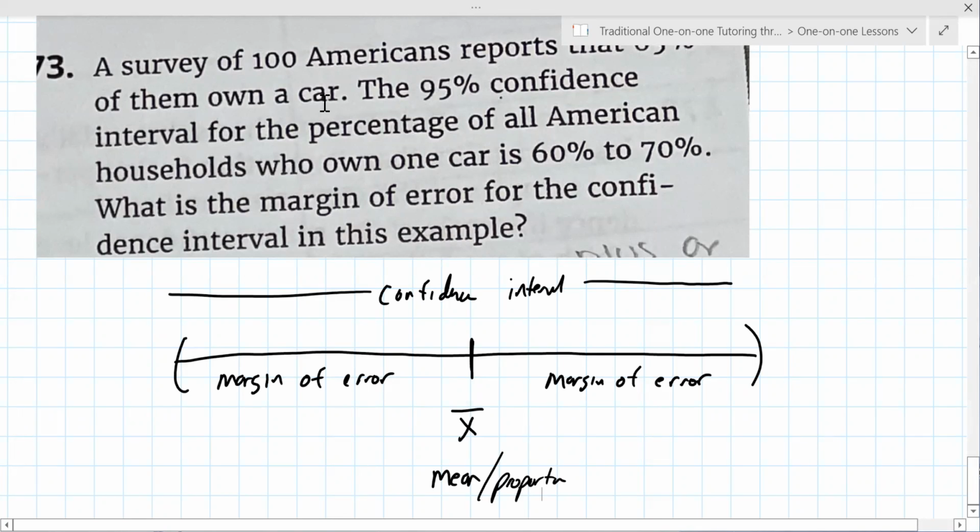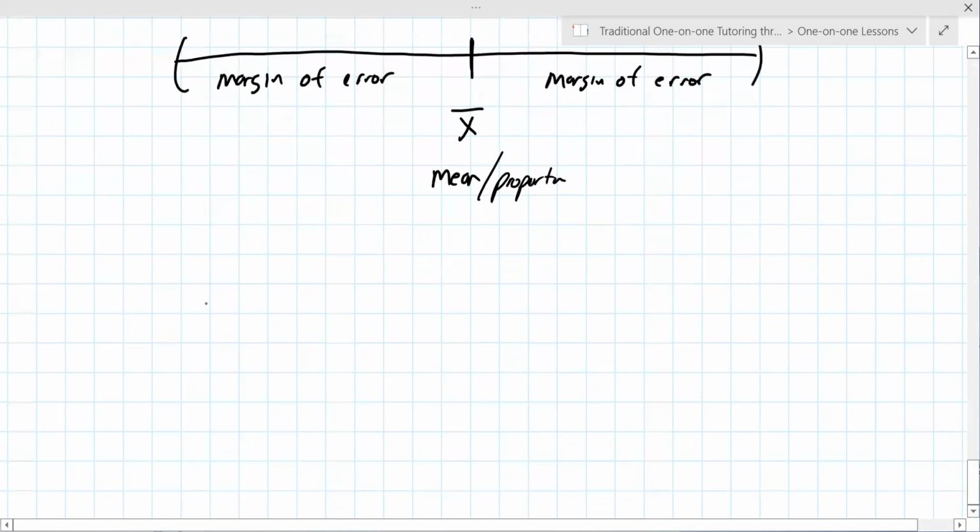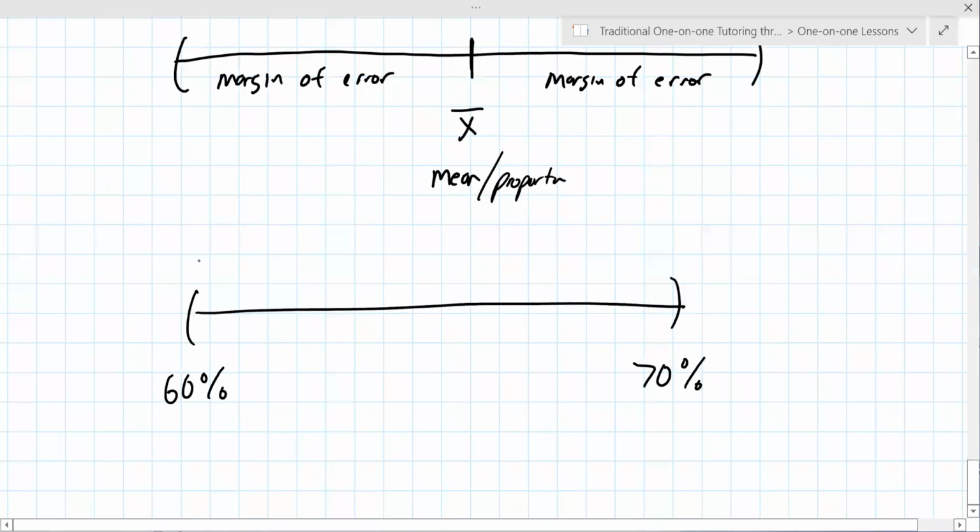So in this problem, they're sampling 100 American car owners, and they're saying the 95% confidence interval is from 60 to 70%. So what they're saying is the left side of your confidence interval is 60%, and the right side of your confidence interval is 70%. That's your confidence interval.